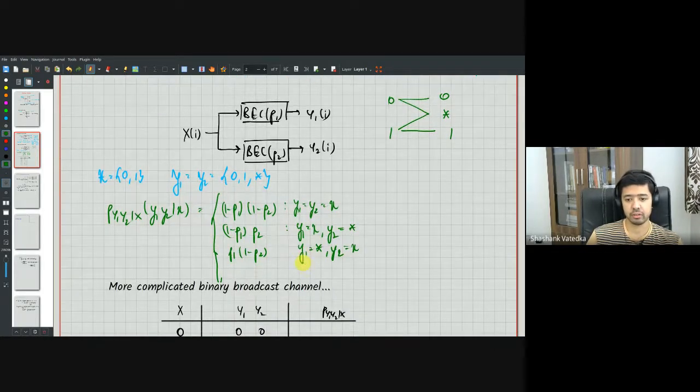The other possibility is that both y1 and y2 are erasures, in which case the probability is p1 p2. In any other case the probability is 0. If y1 is neither x nor an erasure, then the probability of that happening is 0.